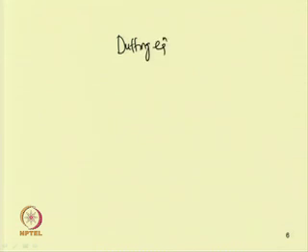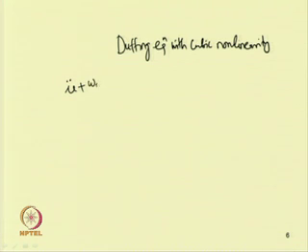Duffing equation with cubic nonlinearity. So, the equation can be given in this form, that is u double dot plus omega 0 square u plus 2 epsilon mu u dot plus epsilon alpha u cube equal to 0 for free vibration.